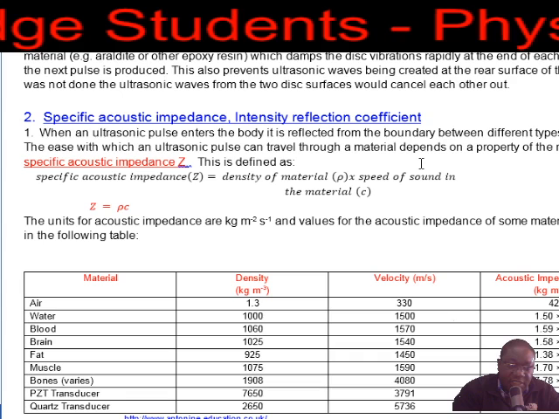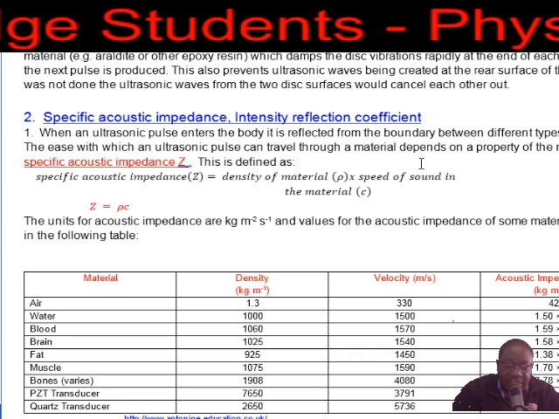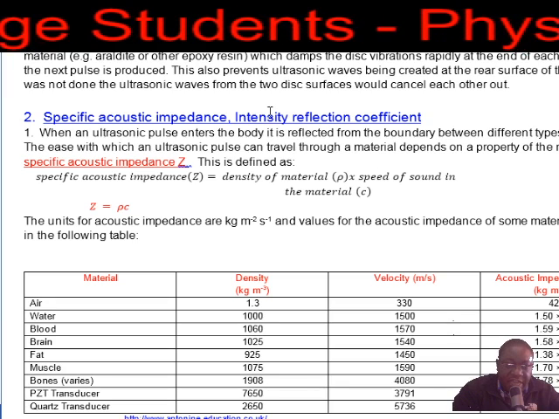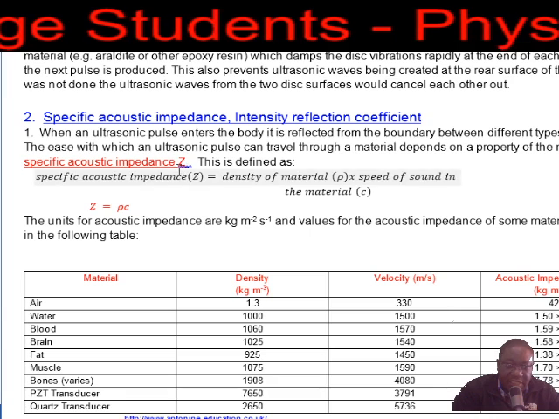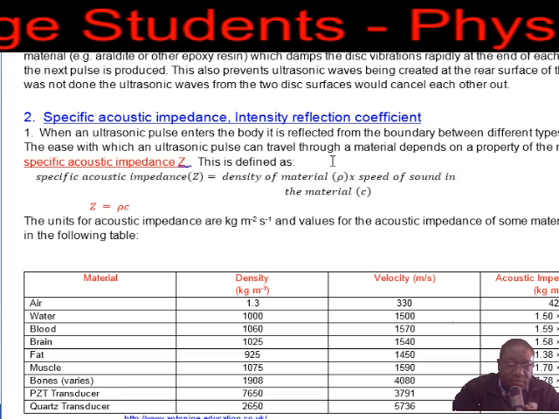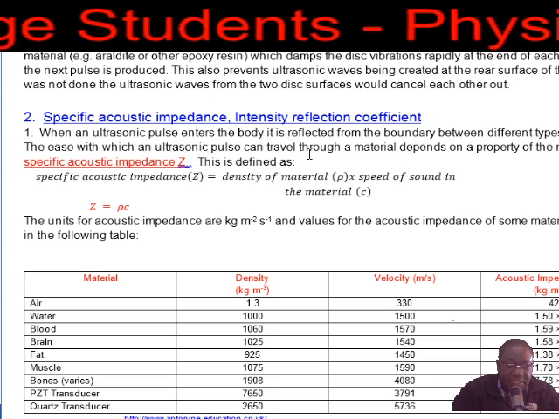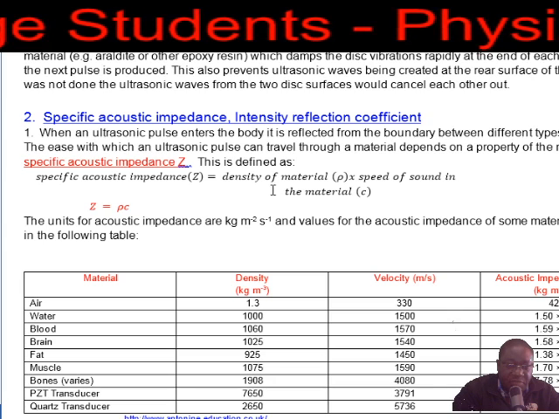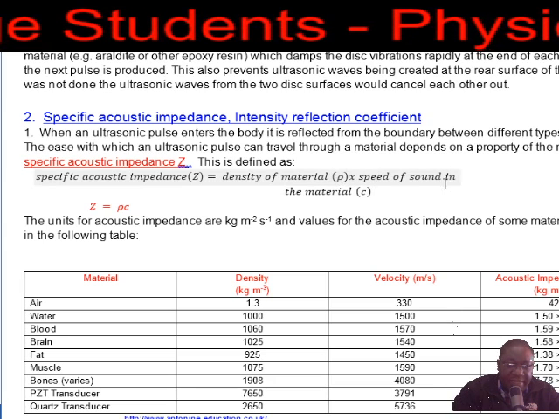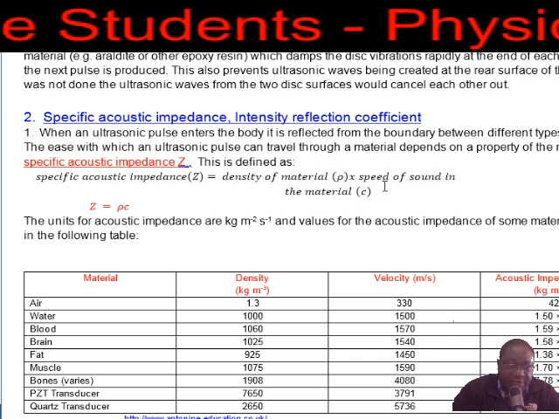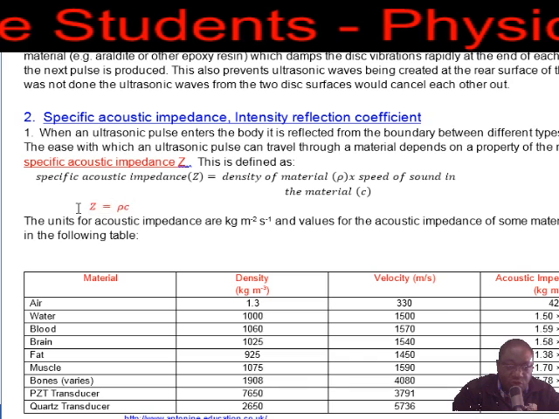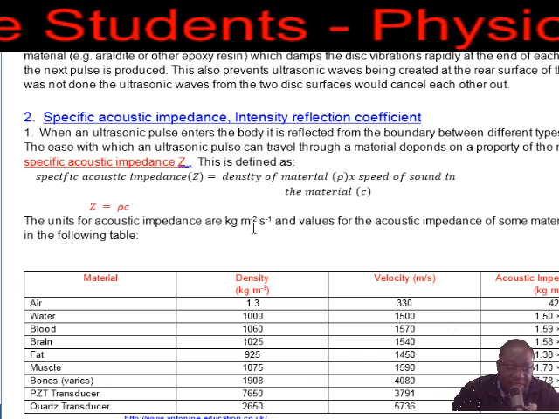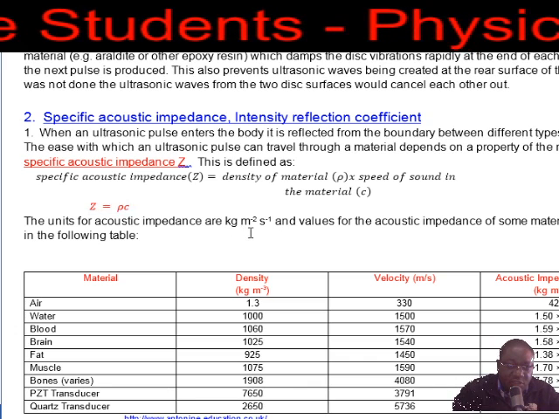The ease with which an ultrasonic pulse can travel through a material depends on a property of the material called the specific acoustic impedance, given the symbol capital Z. The specific acoustic impedance is defined as the density of the material, rho, multiplied by the speed of sound in the material, that is c. So Z is equal to rho c. The units of specific acoustic impedance are kg per meter squared per second.